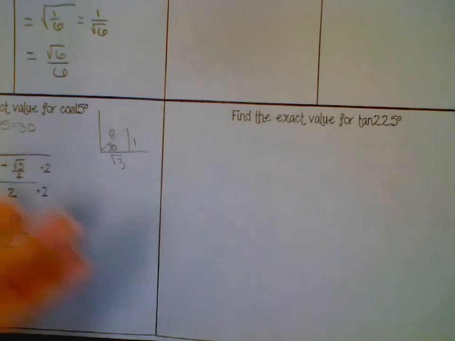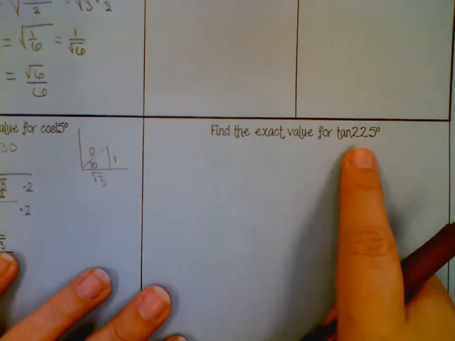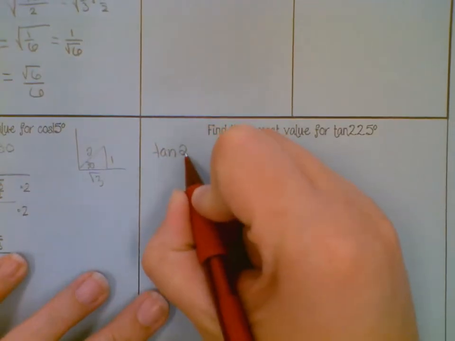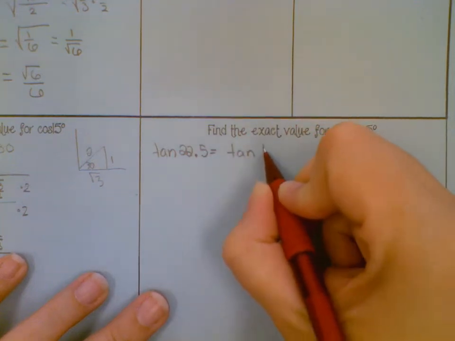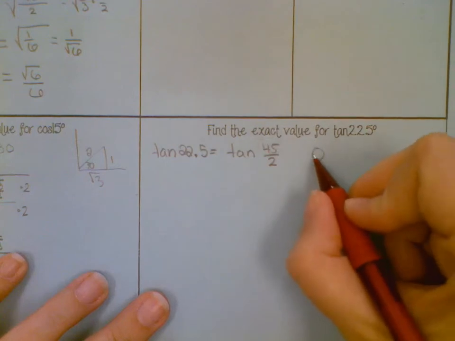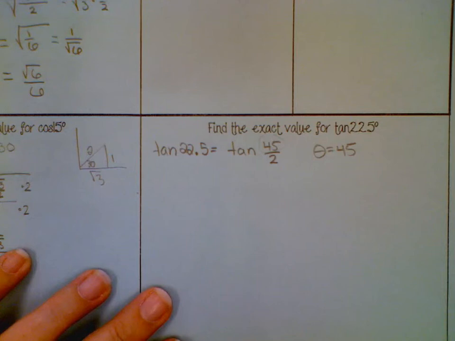So our last example is another one using a half angle identity. So they gave us the tangent of 22.5. So the tangent of 22.5 would be the same as the tangent of 45 over 2. So our theta is 45 here. So pick any tangent formula you want.